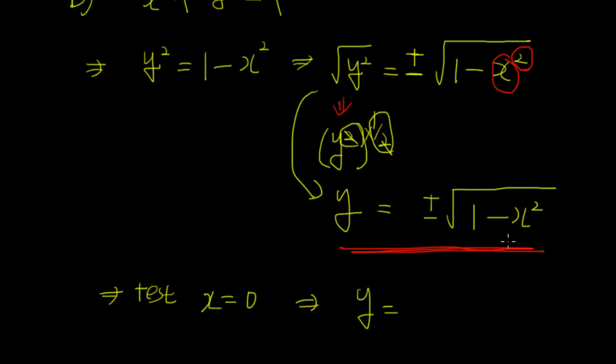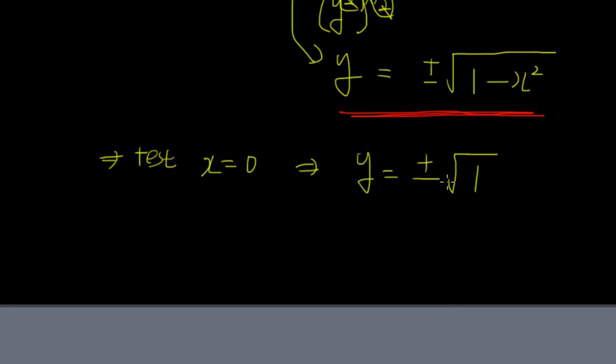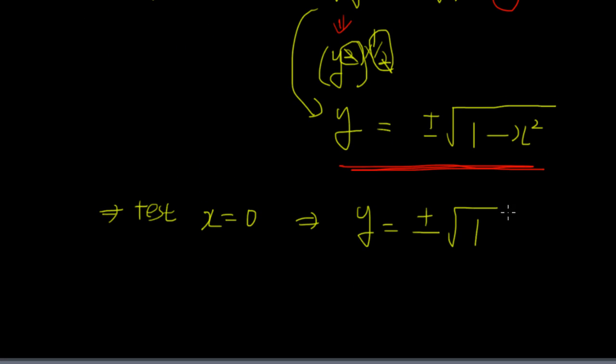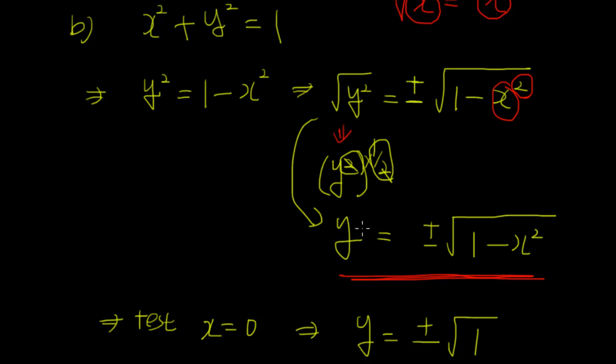Y is going to be plus minus the square root of 1 minus 0 squared, which is just 1. What's the square root of 1? Square root of 1 is just 1. So y is going to be plus minus 1, right?